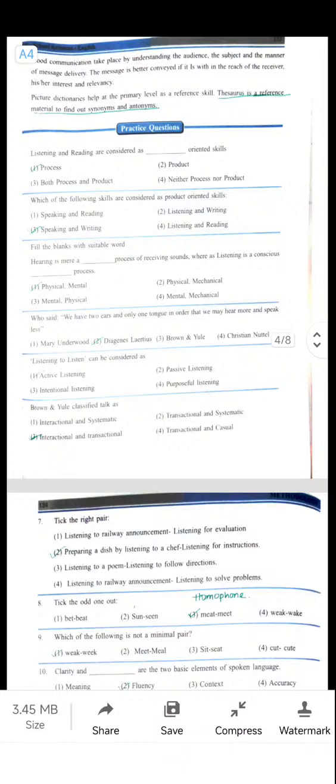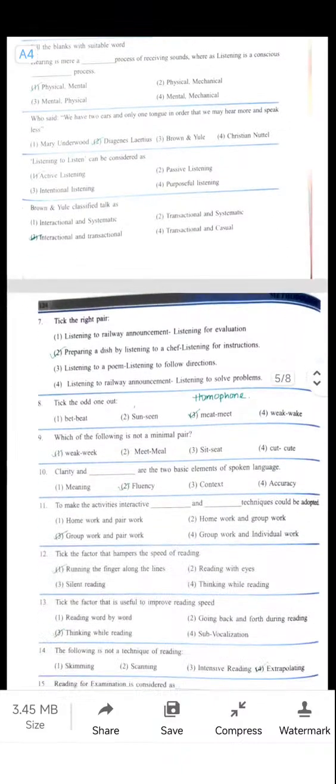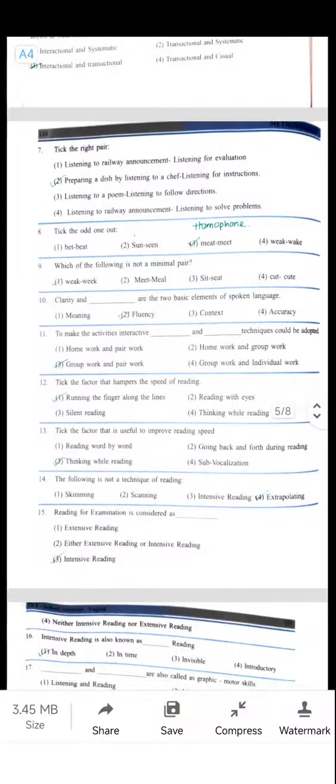Next, seventh question. Tick the right pair. So what is the right pair? Preparing a dish by listening to a chef, listening for instructions. If the listener wants to make the dish, he has to carefully listen to what the chef says. Otherwise, listening to a railway announcement is hearing, not listening.